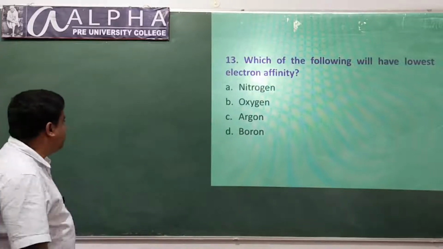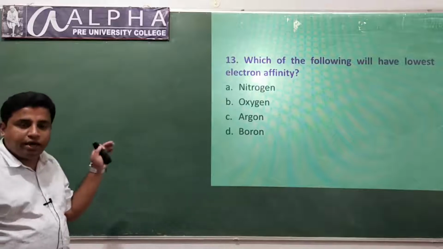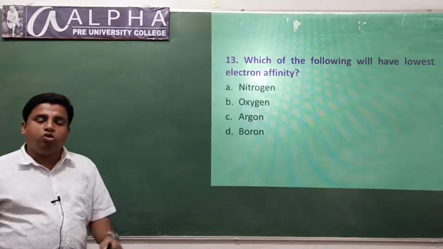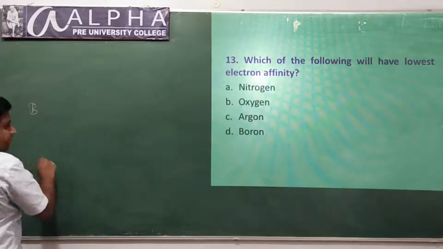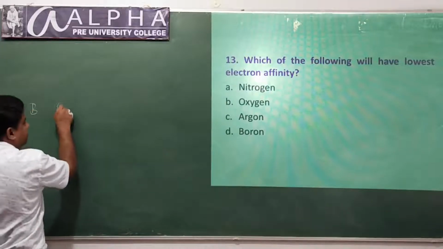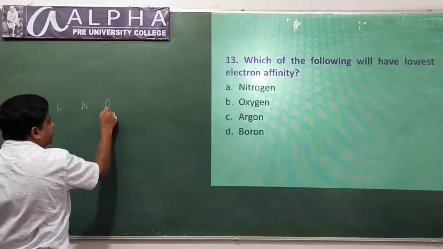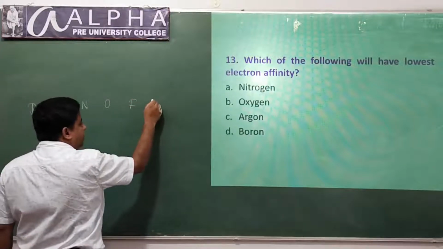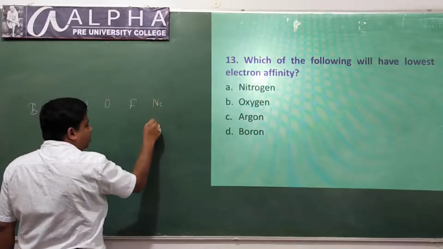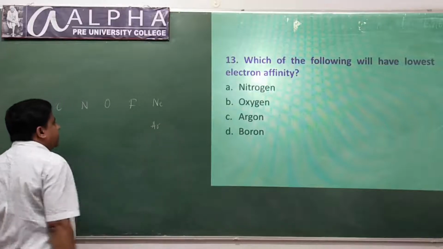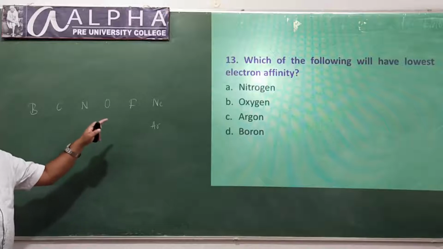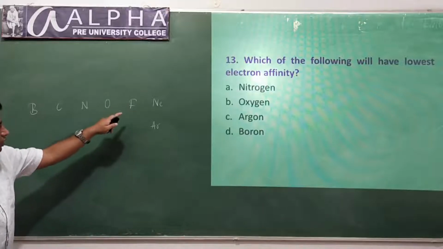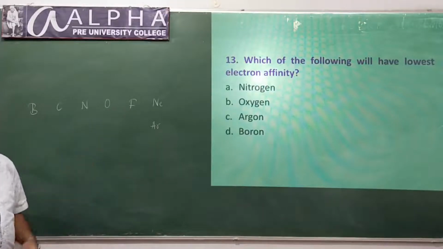If you arrange them strictly according to the periodic table in the increasing order of atomic number, first comes boron, then carbon, nitrogen, oxygen, fluorine, neon, and after neon there will be argon. So we have got nitrogen, oxygen, argon and boron, isn't it?